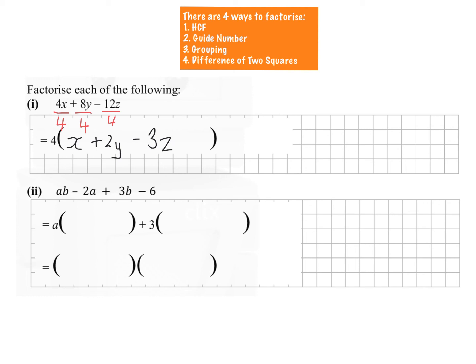And we know that when we're grouping, we split it down the middle so that we have 2 terms on the left and 2 terms on the right. And what I do now is, I say, well, A is common to both sides. A is common to the left-hand side. So I will cancel the A and cancel A, and what I'm left with is B minus 2.